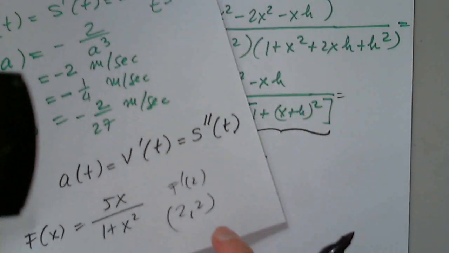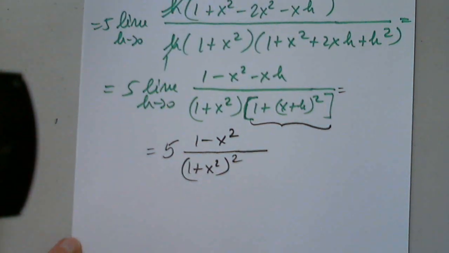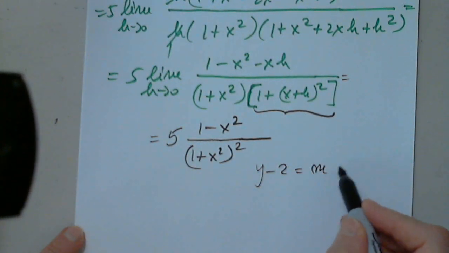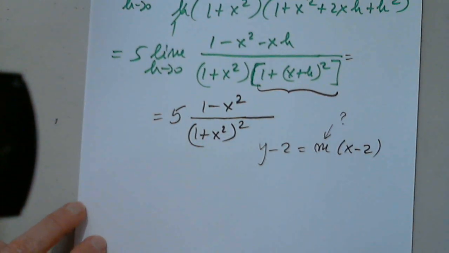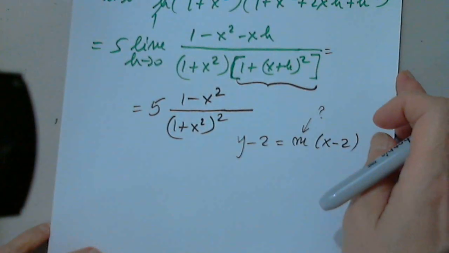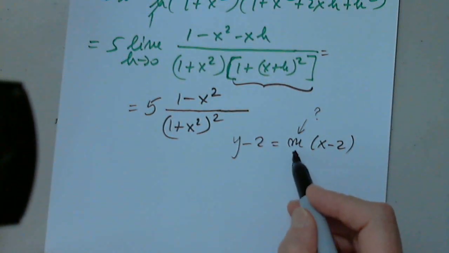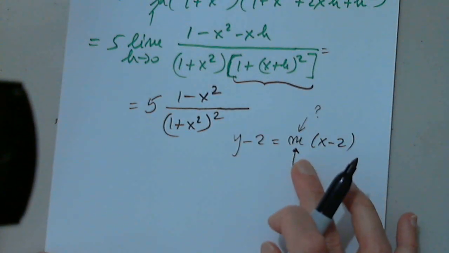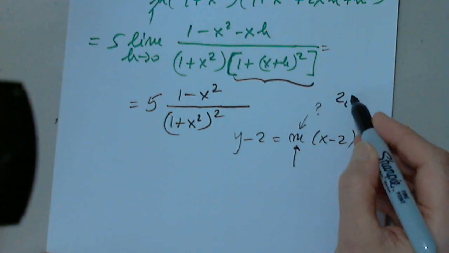That's good enough. So now we are asked to find the equation of the line at 2, 2. So then we will write y minus 2 equals the slope times x minus 2. And how do we find this slope? Plugging in 2. Where do I plug in 2 to find the slope? The point is 2, 2.